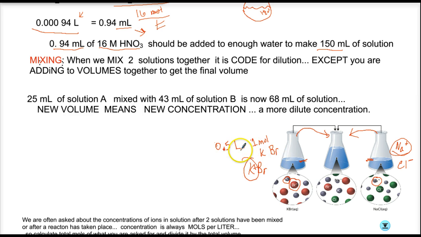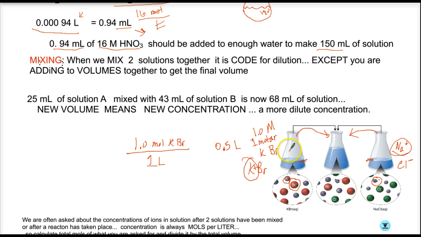If it's a 1 molar solution, then I have 1 mole of potassium bromide in every 1 liter. If I have a half a liter, I have a half a mole of the potassium bromide.